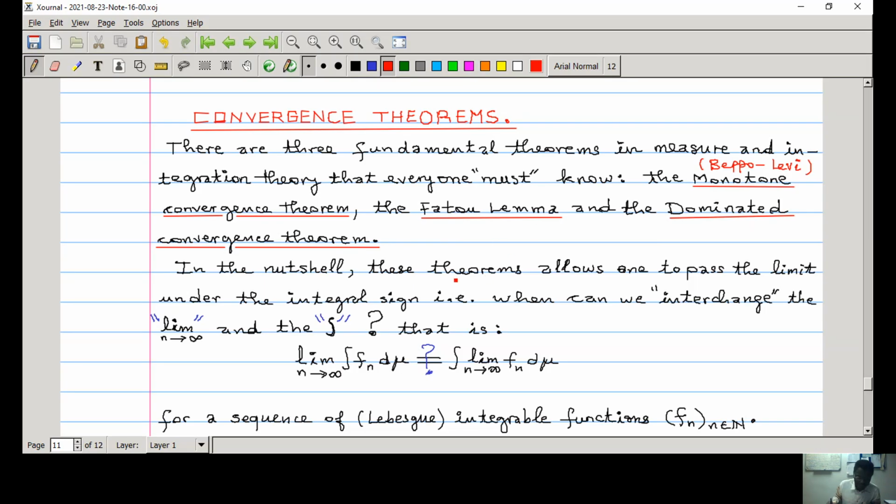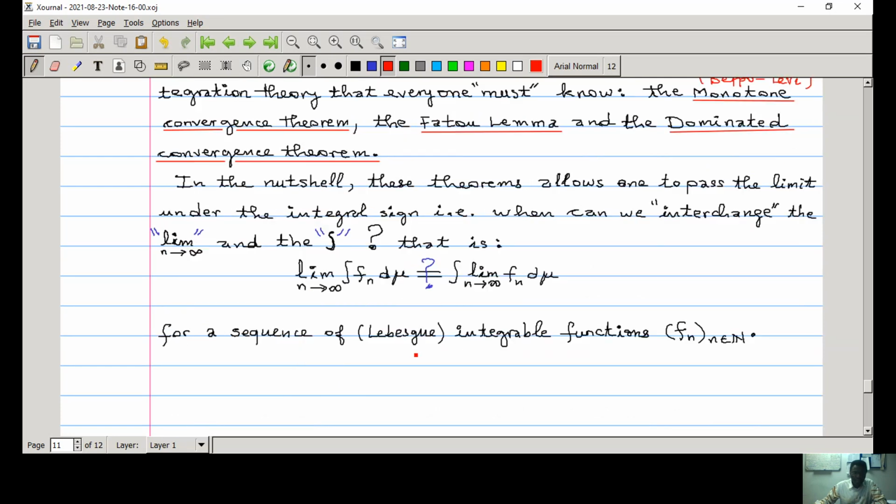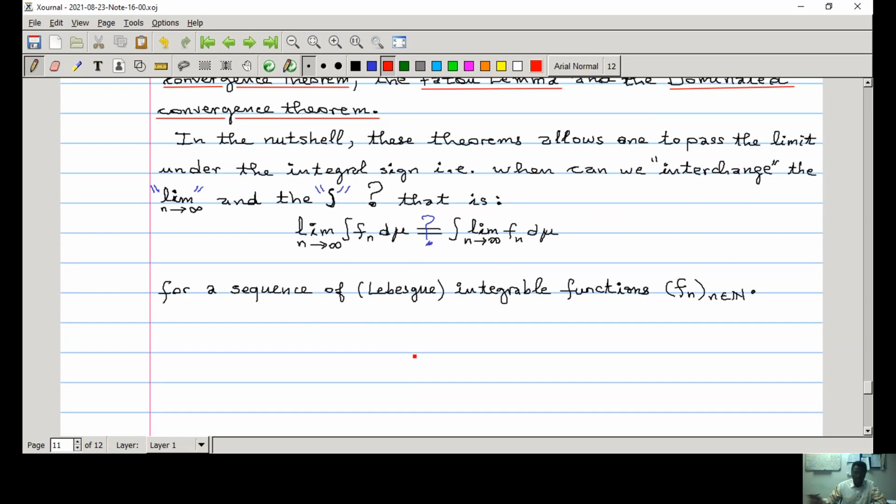As I already explained, they help to solve the problem of whether we can take the limit under the integral sign. Okay, so roughly speaking, we have a sequence of measurable functions Fn.